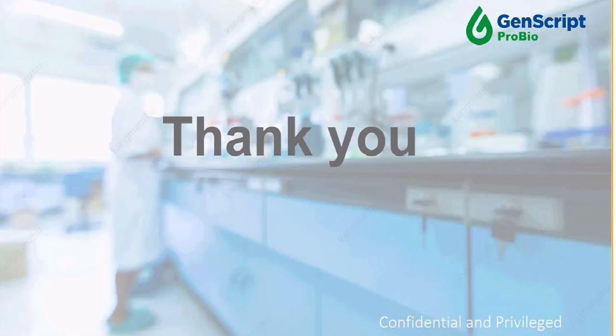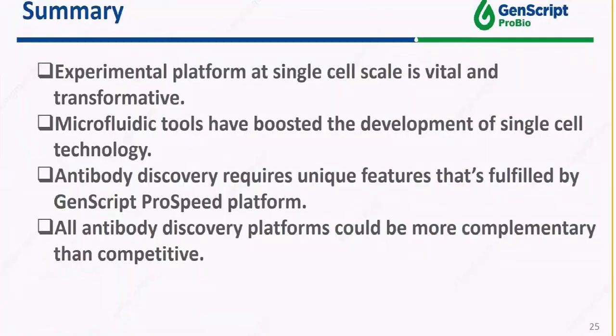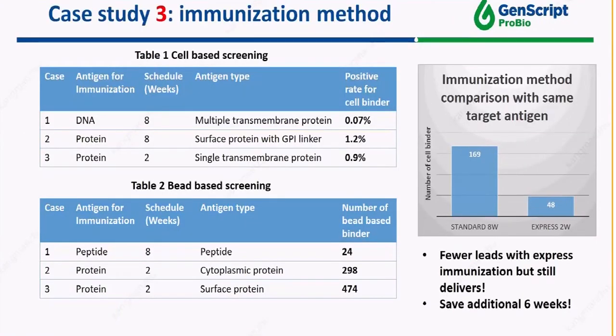The next question, any differences on the hits number and immune response if express immunization is applied compared with standard immunization? What's the success rate of using express immunization, or in what circumstances would we suggest clients to use express immunization? So I can go back to one of the slides, which is right here.